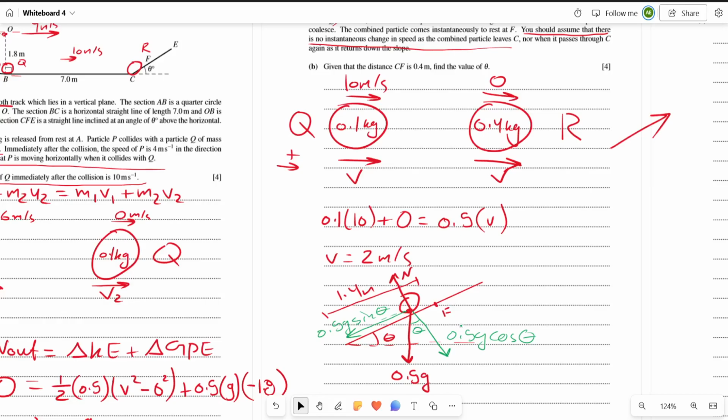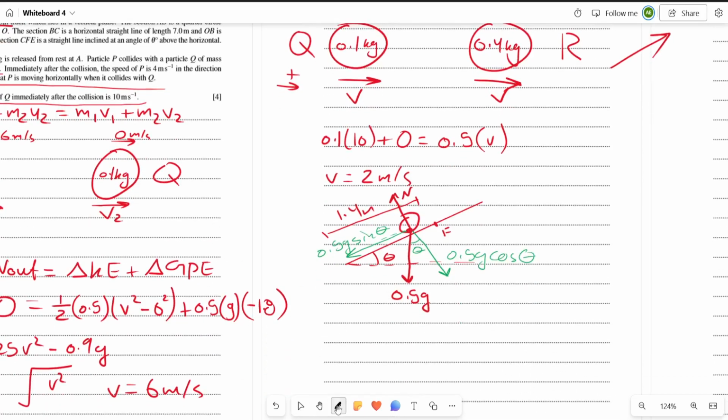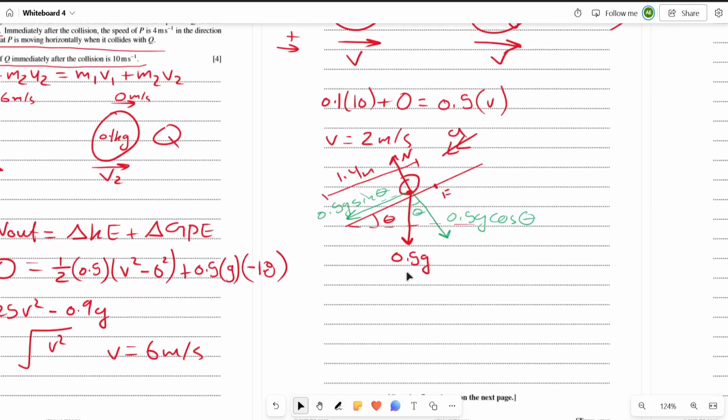Now, we know that we're going to have some acceleration downwards. Let's use sigma F equals mass times acceleration for the direction parallel to the slope. Okay, I'm going to take the direction of the acceleration as positive, so any force pointing down the slope is going to be positive.